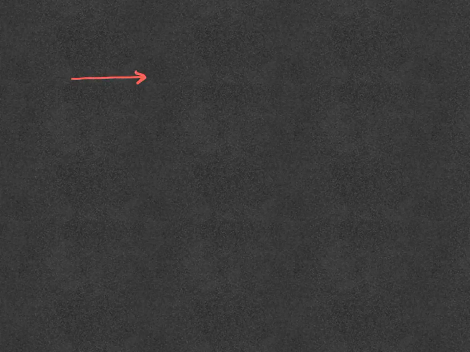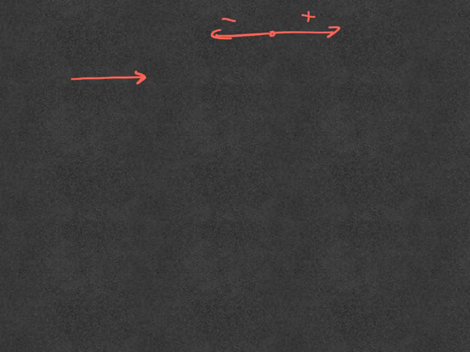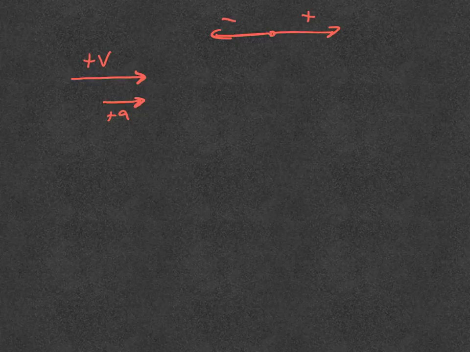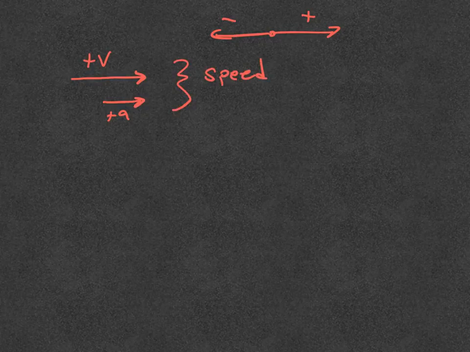So if I call to the right positive, let's do this, positive, negative. If I have an object that has a positive velocity, so it's moving to the right, and the acceleration, the change in velocity, is also to the right, then in this situation, the speed will increase.